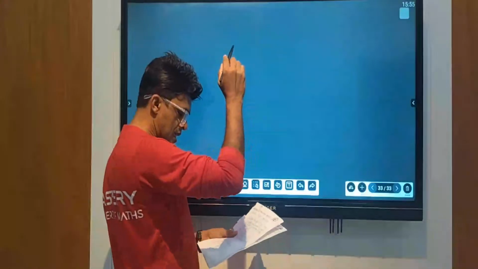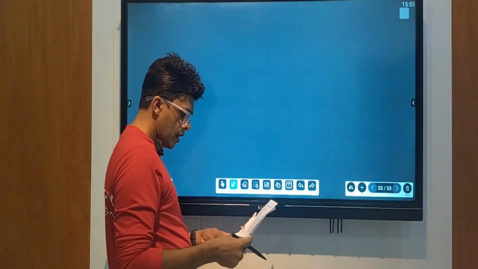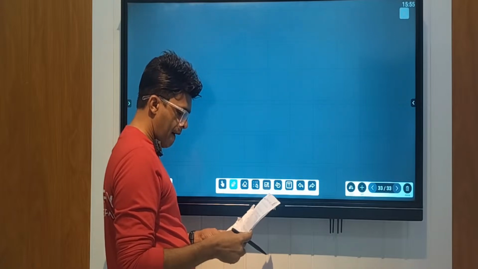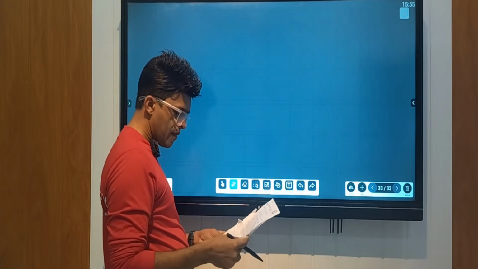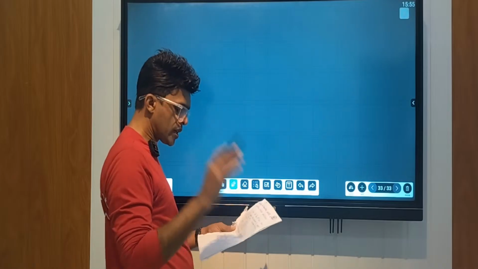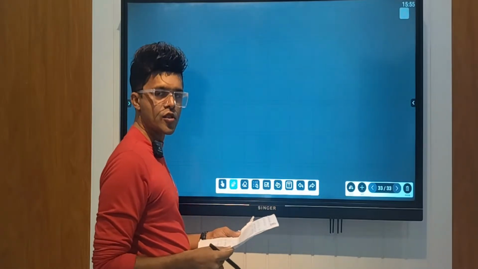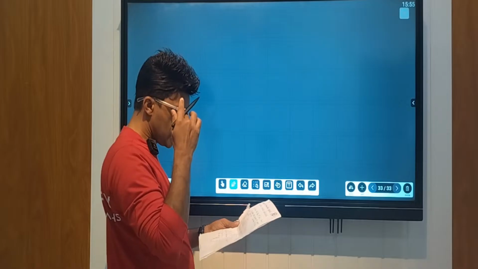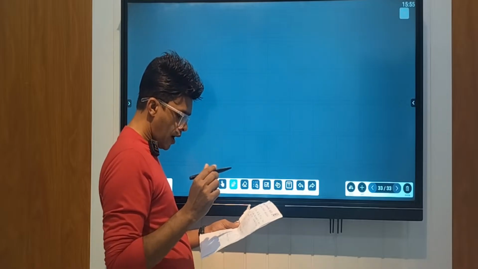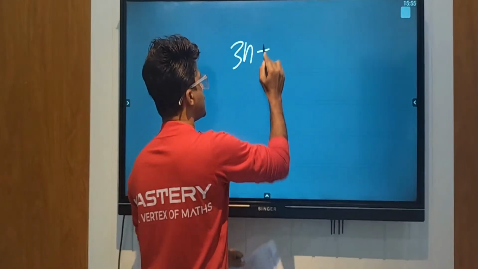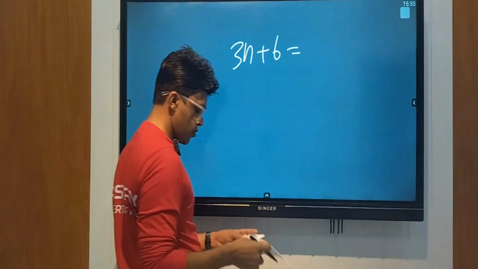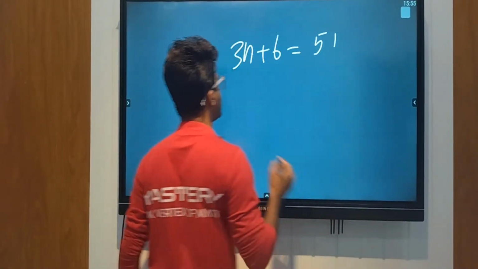Likewise, previously we did this type of question: which row consists of 51 seats? You need to set up an equation: 3n plus 6 equals 51.